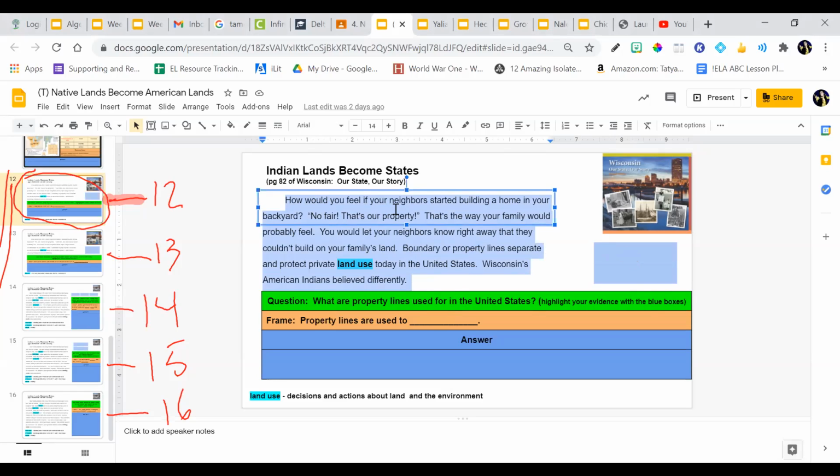It says, how would you feel if your neighbors started building a home in your backyard? Well, let's think about that. How would you feel, Yalian, if the person who lived next to you started to build a home in your yard?